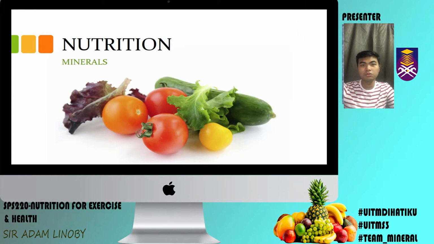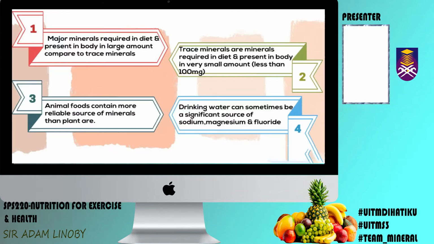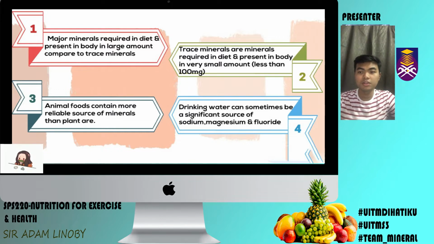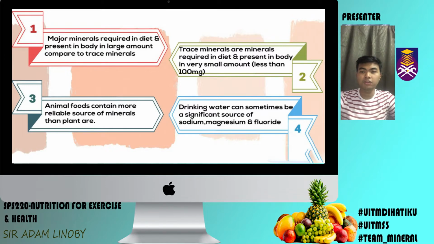Today I want to present to you about minerals. Basically, there are two different types of minerals. The first is called major minerals, or macro minerals, and the second is trace minerals, which we can call micro minerals.